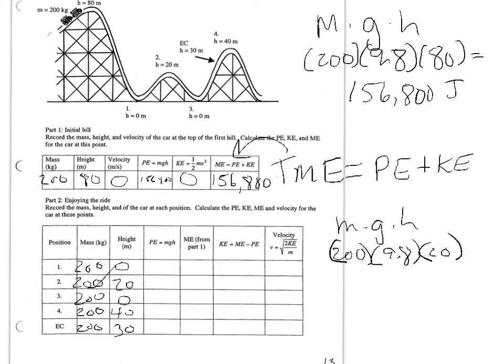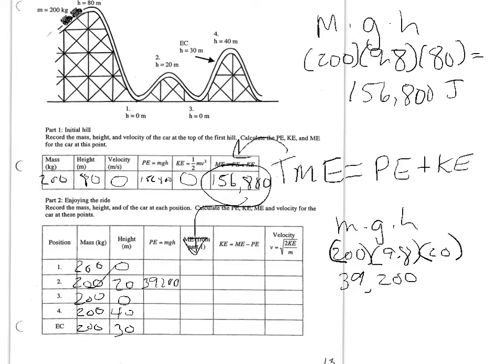And when I do that, this is for position 2, I get a potential energy of 39,200. And my total energy from part 1 here is going to be the same all the way down this row. So you can fill that number in all the way down.